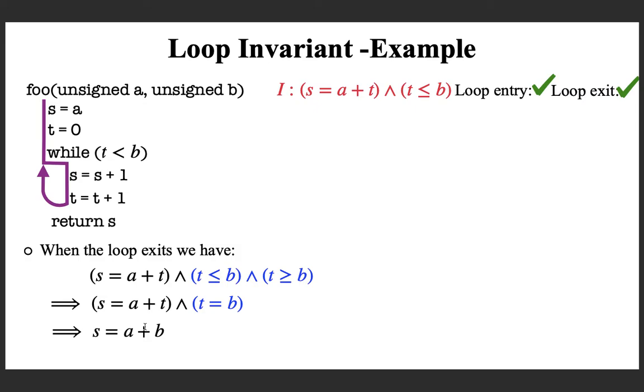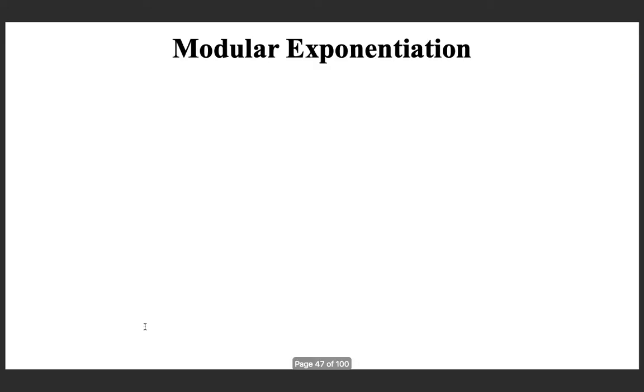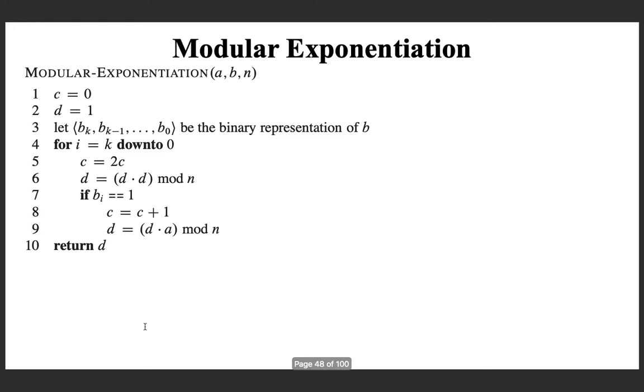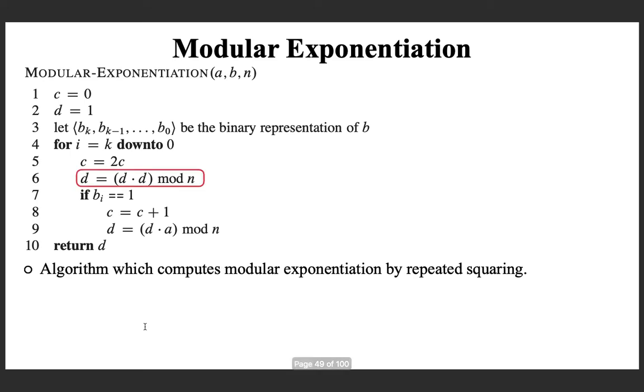For the interest of time, let us proceed and now look at an algorithm for modular exponentiation. I am just copying that algorithm from the textbook. Please don't worry about it. We are going to see what it is doing. So basically the algorithm computes modular exponentiation, which is a to the power b mod n, using repeated squaring.